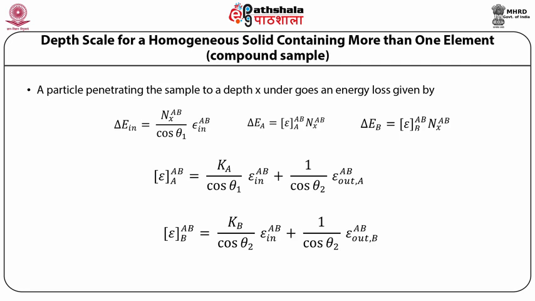A particle penetrating the sample to a depth x undergoes an energy loss given by delta E in equal to n x superscript AB divided by cos theta 1 multiplied by epsilon in superscript AB, where n superscript AB is the number of molecules A_m B_n per unit volume.